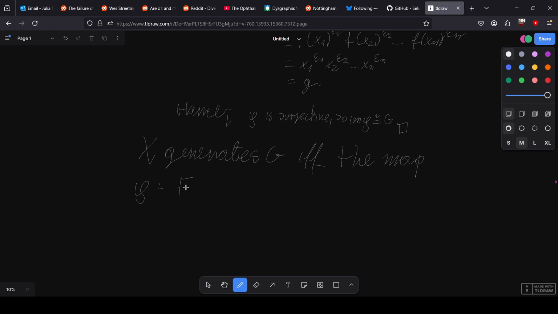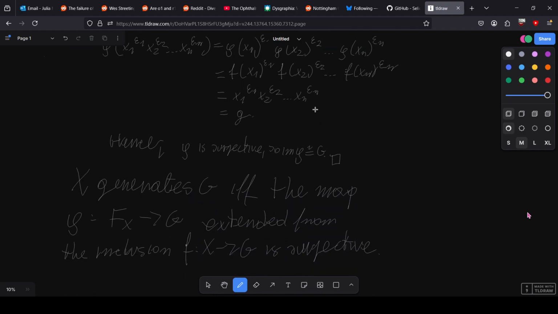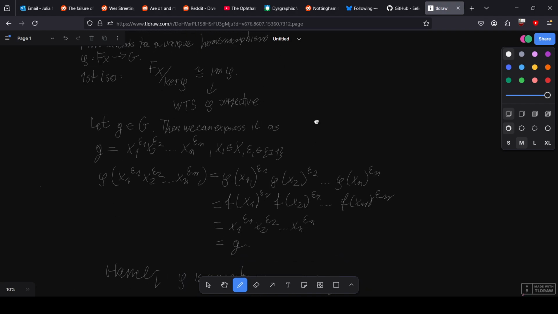the map phi from F(X) into G, extended from the inclusion of X into G, is surjective. I will not prove this directly, because we have already really everything we need for this proof above.